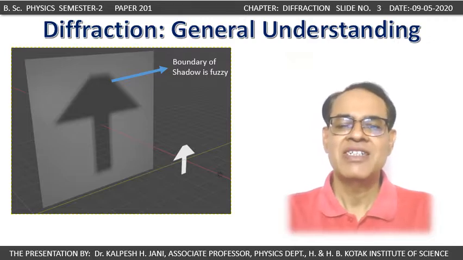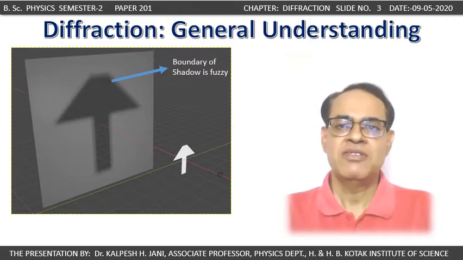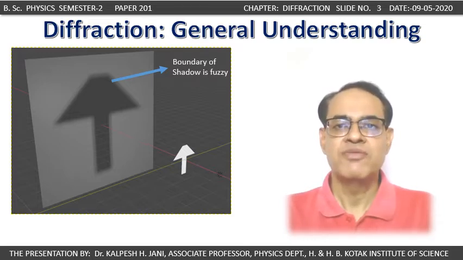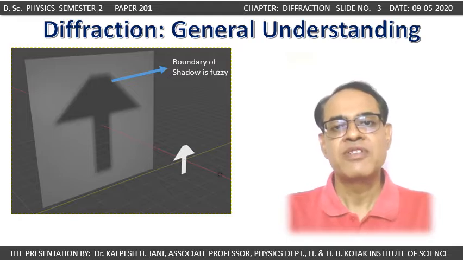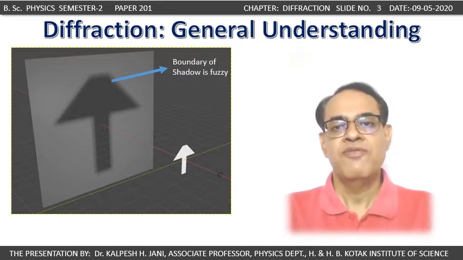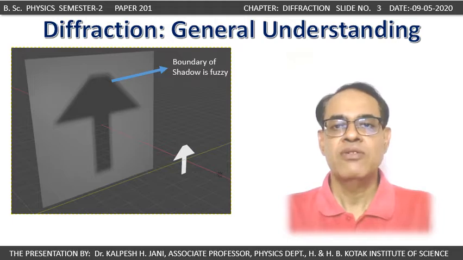You may say that there may be several reasons for this. The light rays which are falling on the object may be coming from different sources, from different directions, and so forming multiple shadows at the same time, and these shadows overlap each other and make the boundary of the shadows blur.